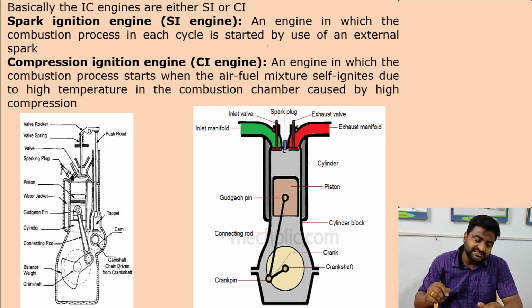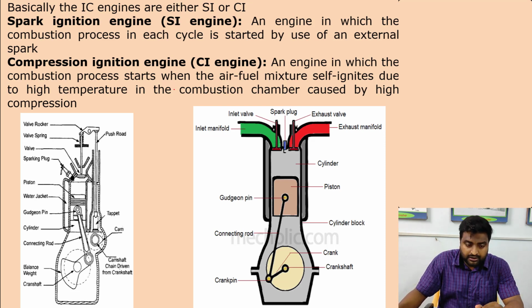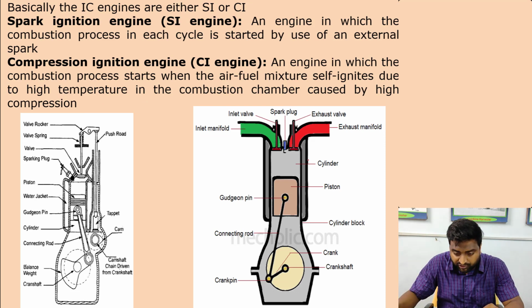What is the CI engine? The engine in which the combustion process starts when the air or air-fuel mixture ignites by itself due to high temperature in the combustion chamber. You can see over here, this is the combustion chamber.